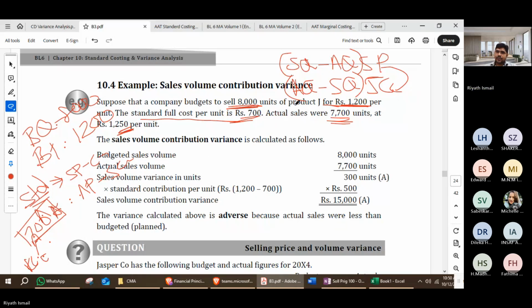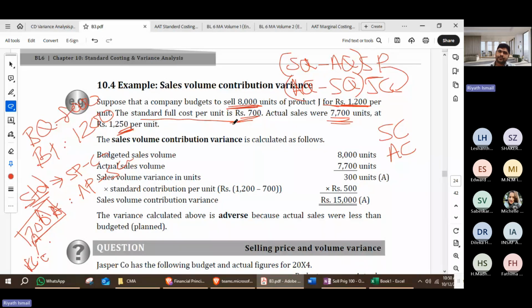So we should find the standard contribution and the actual contribution.